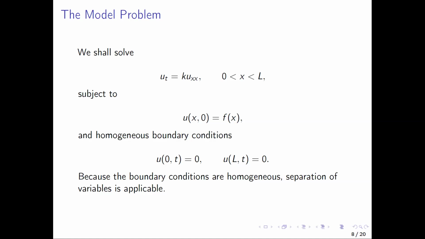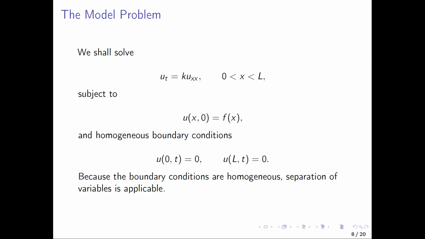Why? Because the boundary conditions are homogeneous, we may use the method of separation of variables to solve it. Otherwise, if we didn't use the homogeneous form, then some more complicated solution methods must be used, but we will not cover them.